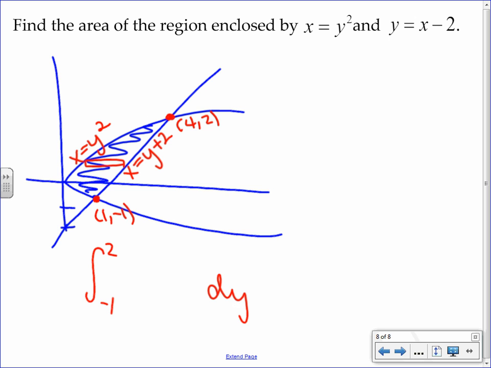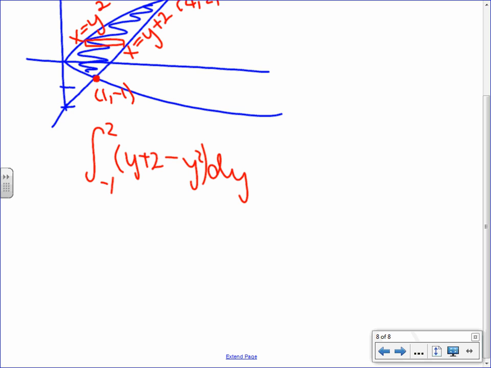Our very right function is y plus 2 minus our very left function is y squared. This is easier because there's less computation. Okay? So, antiderivative of what?